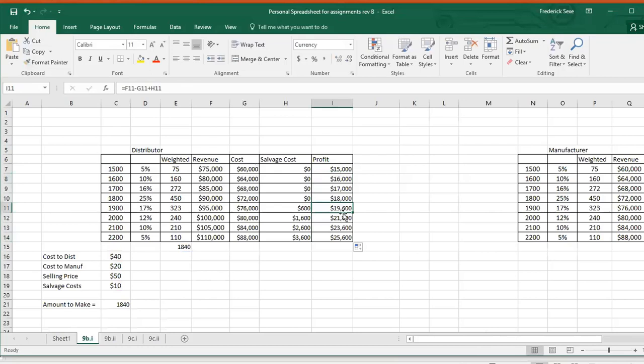Did I do that correctly? Yeah, okay. I think I did it correctly. I'll review this to make sure that I got it right. So salvage cost is basically what they get back from what they sell.